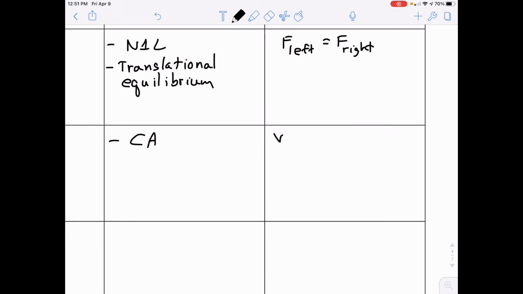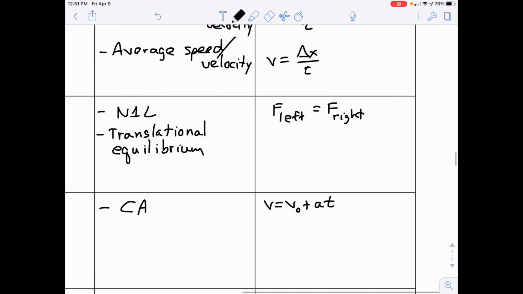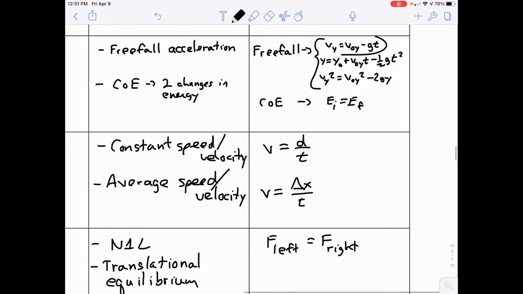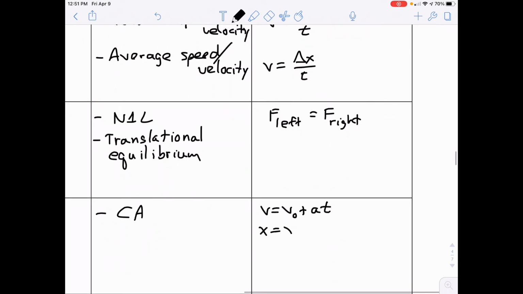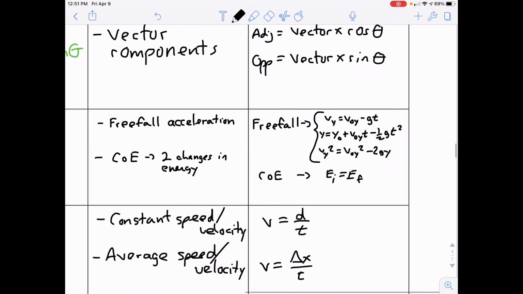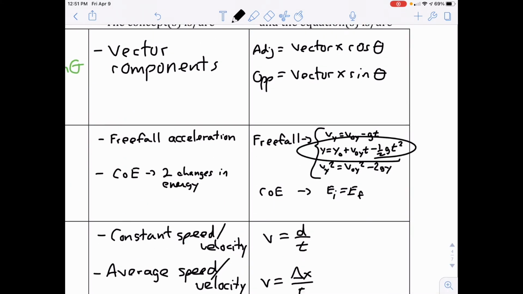We have v equals v naught plus a times t, very similar to this equation here. We have x equals x naught plus v naught t plus 1/2 a t squared, very similar to the second equation here.